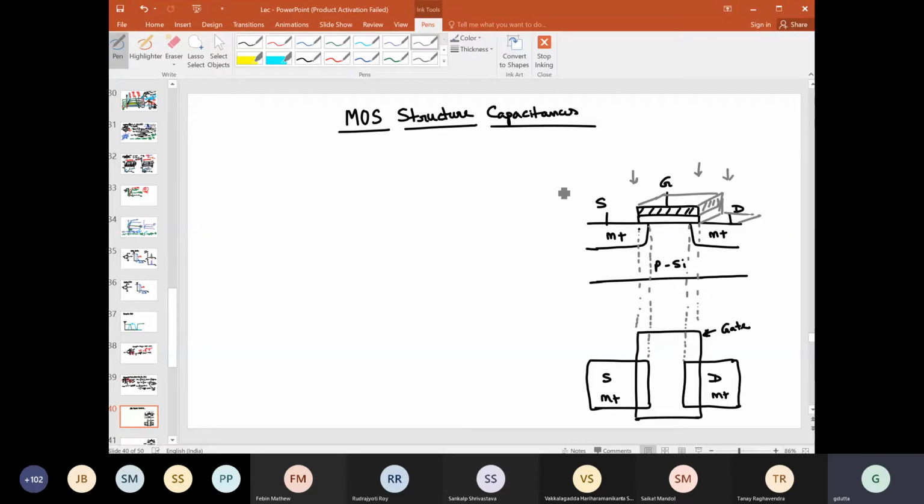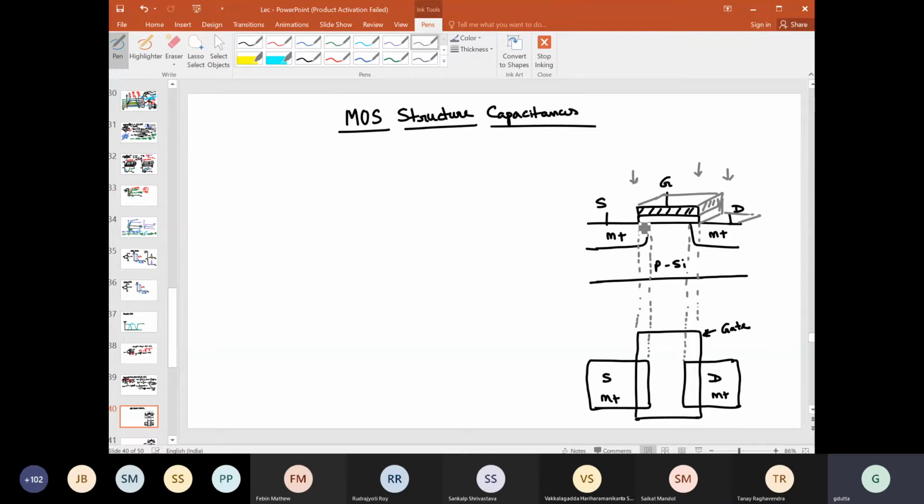In self-aligned technology, after you form the gate, you make the source and drain contact, either by implantation or by diffusion, most preferably by implantation, and then you have to heat it up.